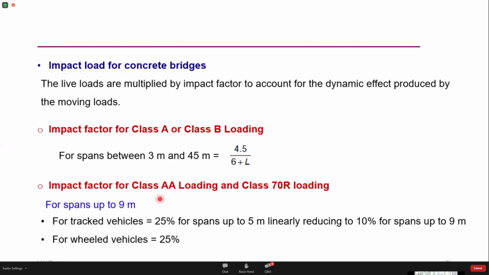Impact factor for class AA loading and class 70R loading is given for 2 cases for spans up to 9 meters. For tracked vehicle, it is going to be 25% for spans up to 5 meters and linearly varying to 10% for spans up to 9 meters. And for wheeled vehicle, the impact factor is to be considered as a flat 25% for spans up to 9 meters.